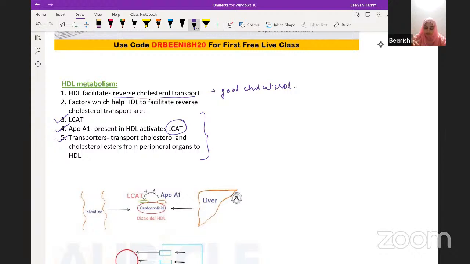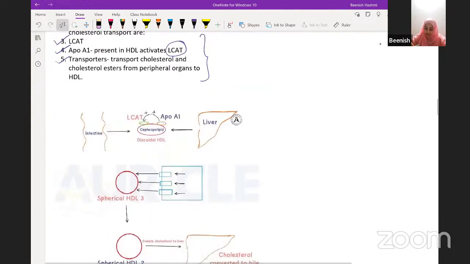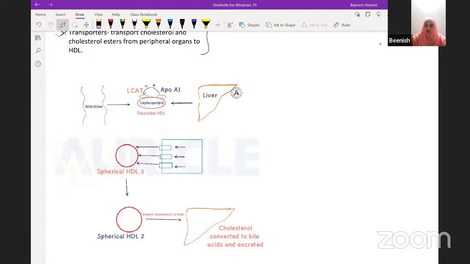Okay, let's understand the metabolism of HDL with the help of this handmade diagram. Your HDL is secreted from both intestine and liver as nascent HDL, which is discoidal.